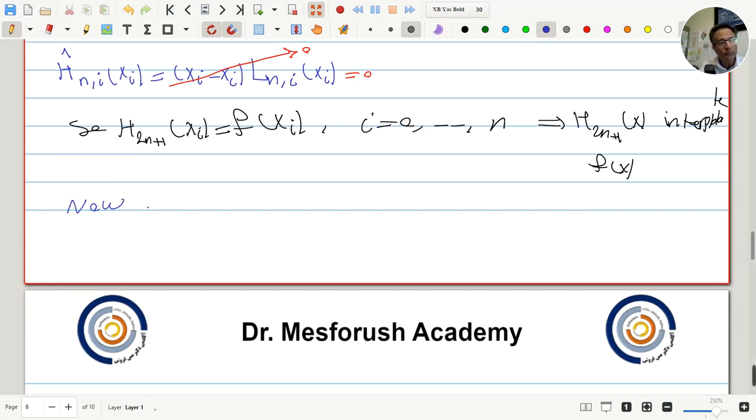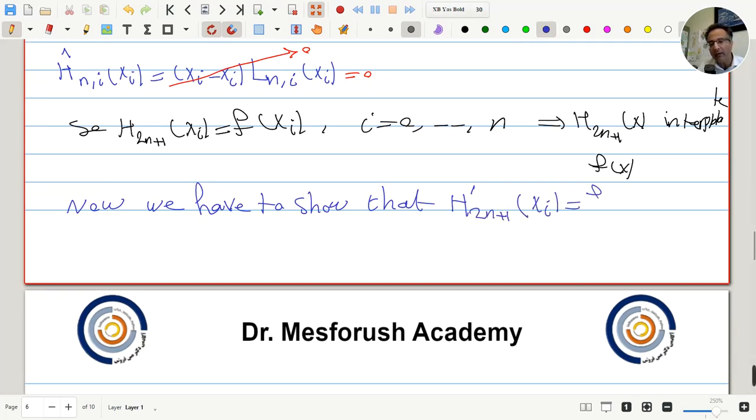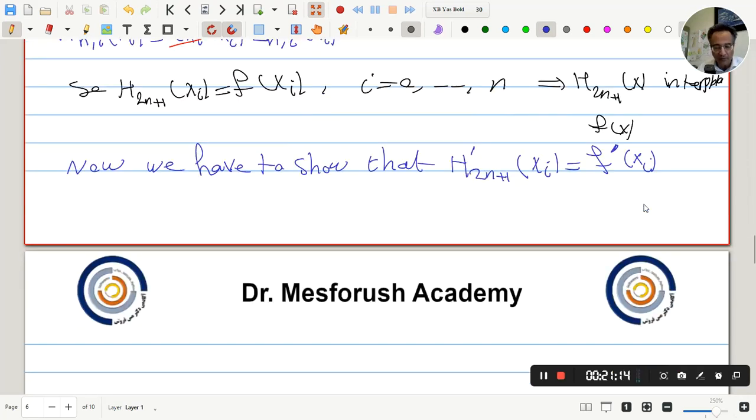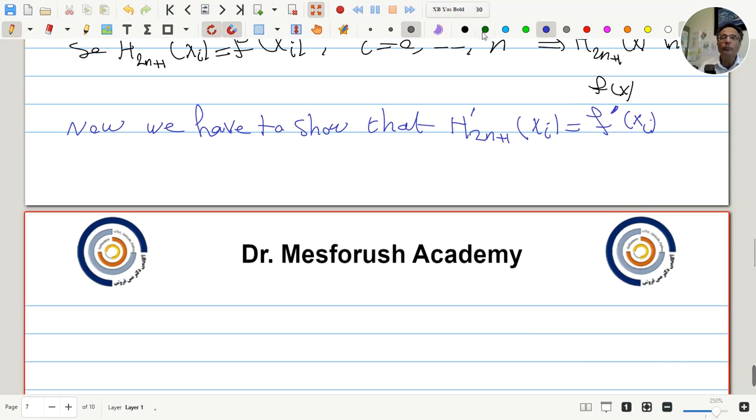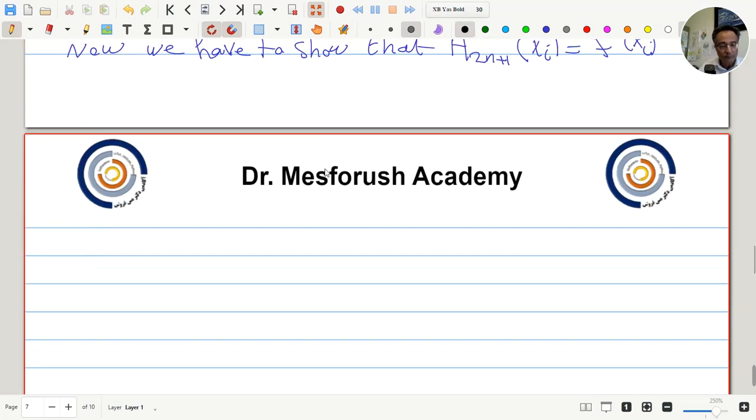Now we have to do something similar for the derivative of H_{2n+1}. We have to show that H'_{2n+1} at x_i is equal to f'(x_i). Okay, now I have to show this equality. Let me start to show this item. Consider H'_{2n+1} at x.